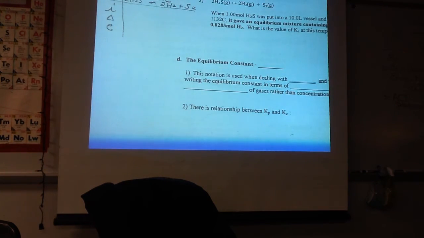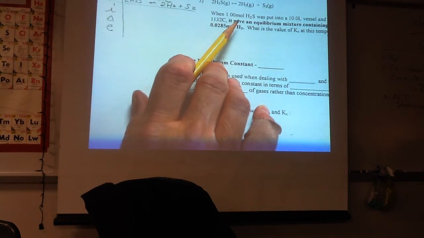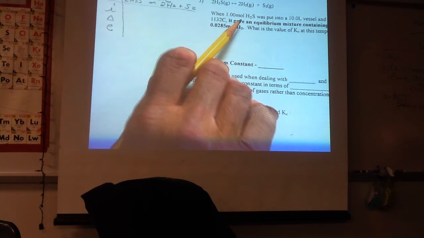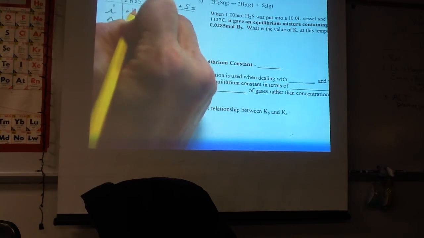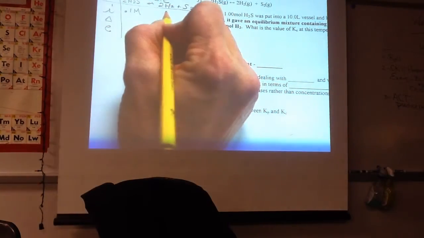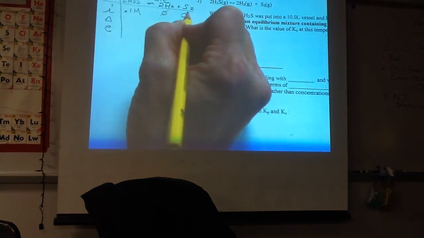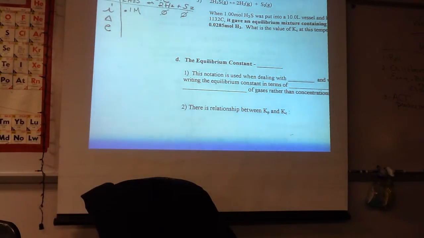What is the molarity of the hydrogen sulfide initial? Someone tell me. Well, that's 1 mole. We want it in molarity. We don't have a 1-liter vessel, so it's not 1, but 0.1. So we have 0.1 molar. Do you have any hydrogen or sulfur? So you have 0 and 0. Please don't forget to do that, because as things change, we're going to start adding pieces in there.